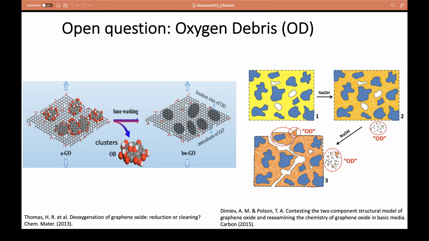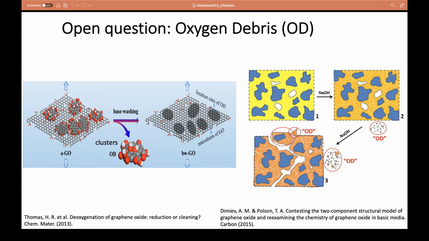During oxidation and sonication, we have clusters of oxygen groups with carbon, or even carbon and OH groups, and we get what's called oxygen debris, which makes the sample pretty dirty, and it has to be cleaned.